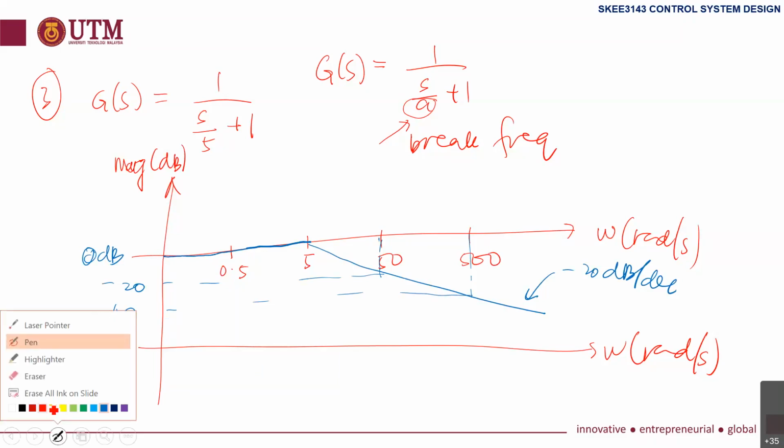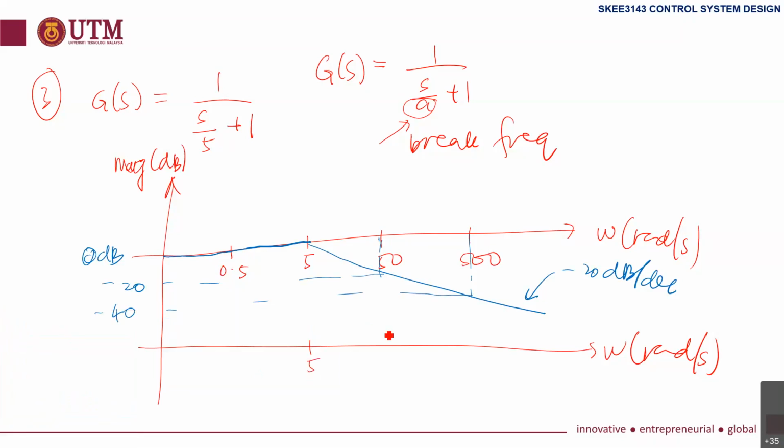Similarly, we can also draw for the phase. We can look into the nodes. Here 0.05. We have minus 45 degrees, 0 degrees, minus 90 degrees.